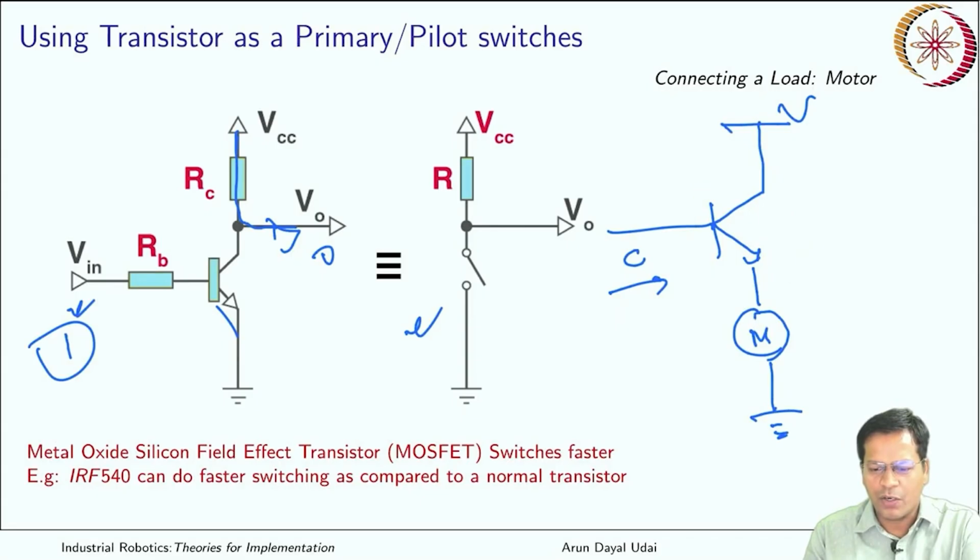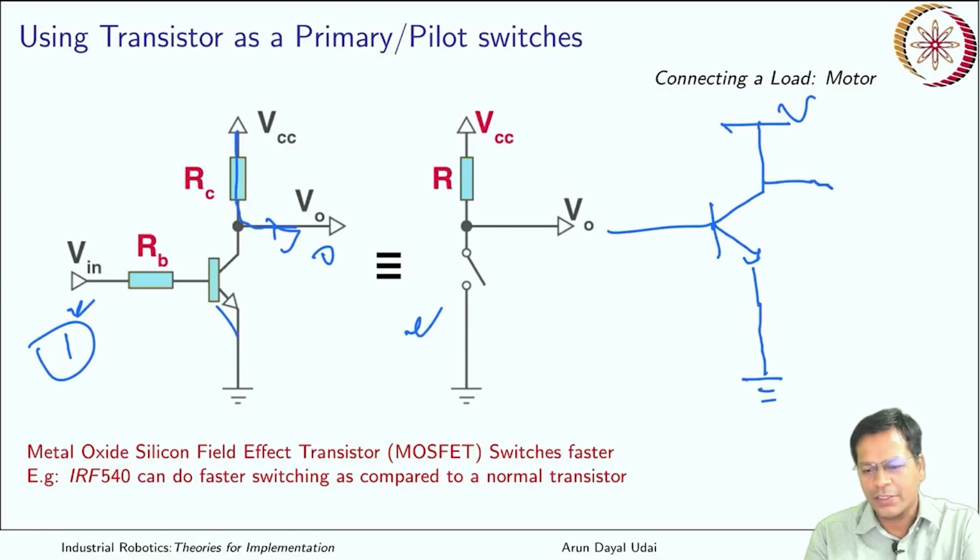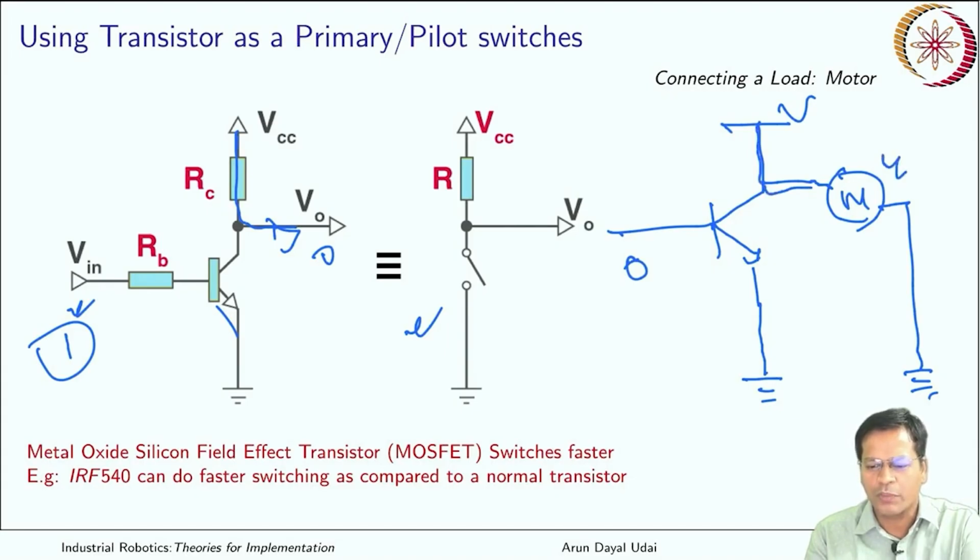But there is another way of running this kind of motor also. This time I will connect this transistor to the ground, and this time I have fitted this motor over here. So now what will happen? As soon as I provide 0 over here, that is, connect this to the ground, all the current from here will flow through the motor and the motor will start.